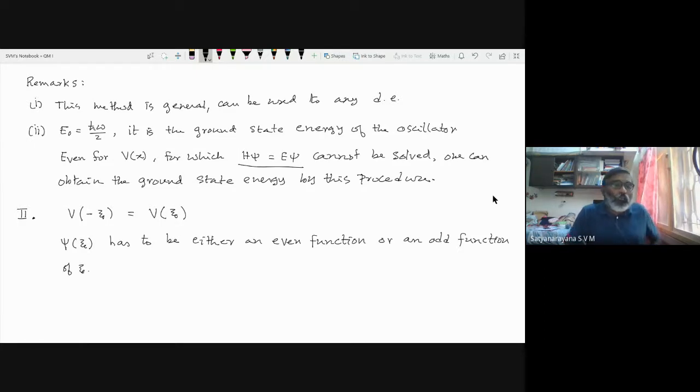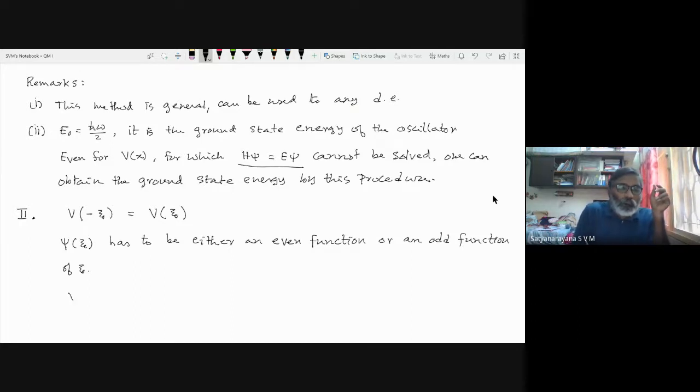So it has to have some definite parity, even parity or odd parity. That is the consequence of the symmetry of the potential.